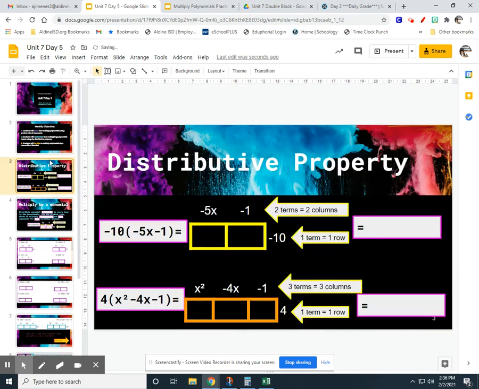All right, so next slide is we're just going to review what the distributive property means. I want to explain to you how you can see this visually on what we're doing. I want to bring back something that you've already seen before, which is like creating a table.